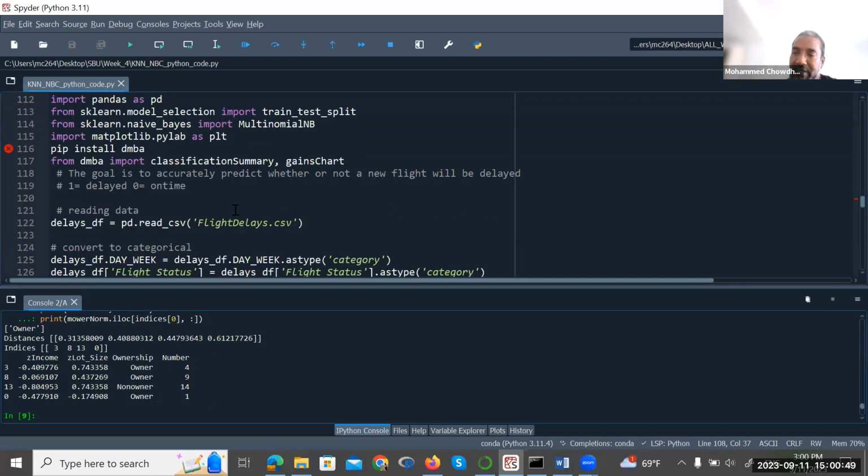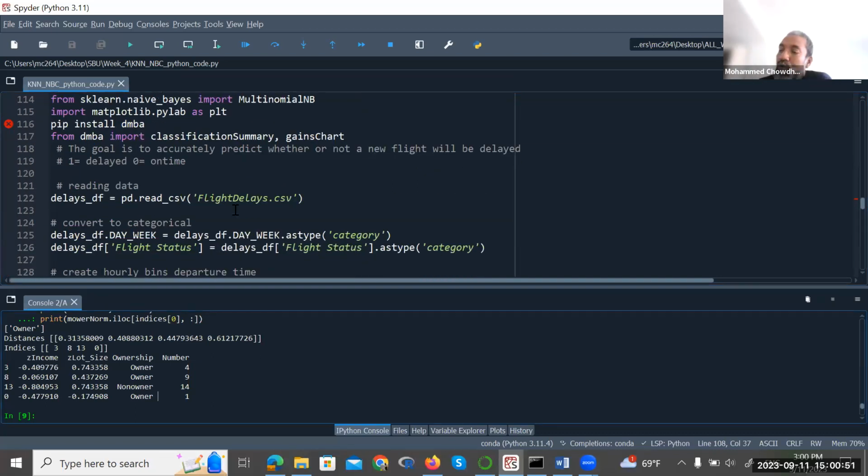Okay, now we will go to the Bayes classifier. In order to do the Bayes classifier, we need to understand how it is different from naive Bayes. Let me write it.